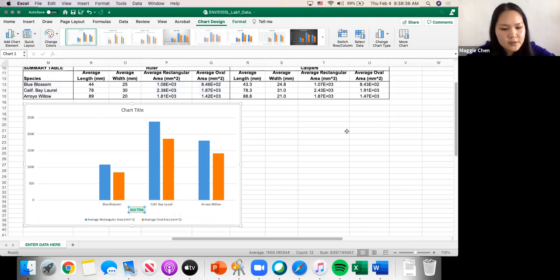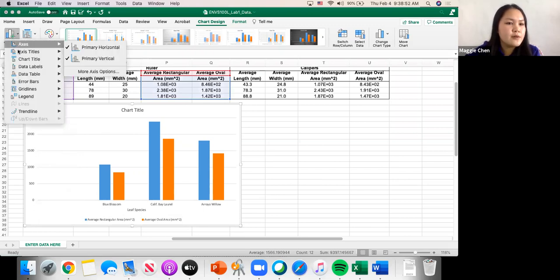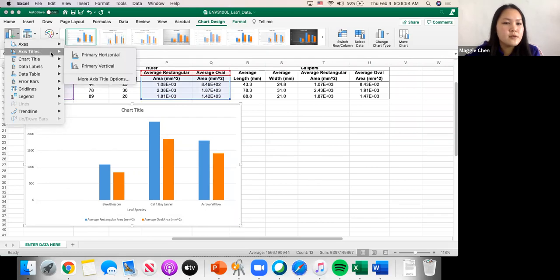So we're going to change this to leaf species. And that is going to be our X-axis. But now we also want to add in our vertical axis title. So we're going to go back under Add Chart Element and hover over Axes Titles. And what we just selected before was our Primary Horizontal, but now we're going to want to select our Primary Vertical, or our Y-axis. So we'll just select this option.